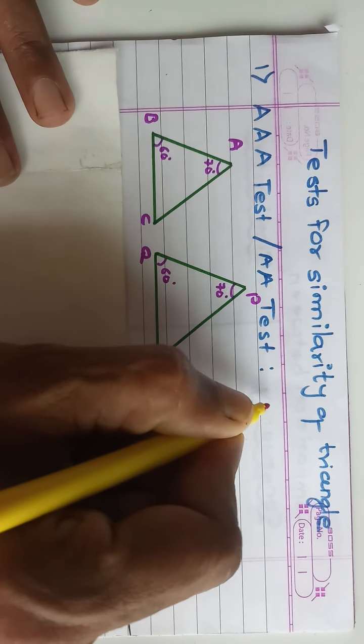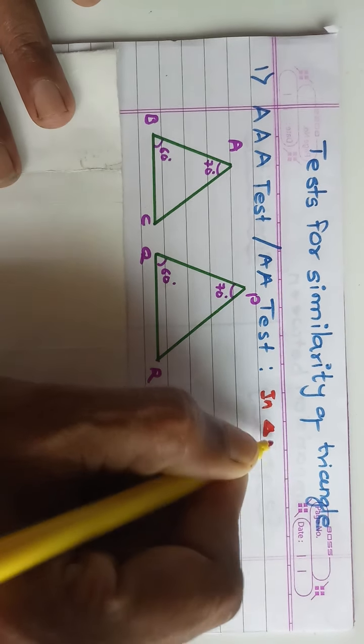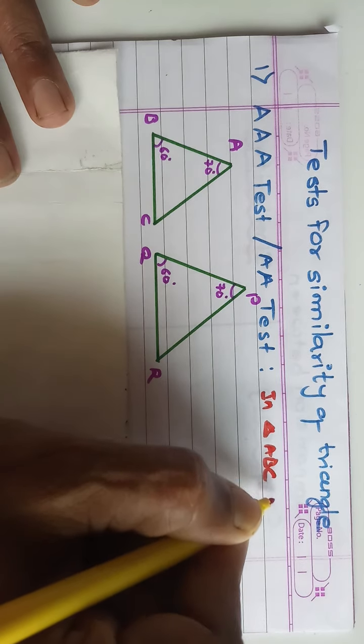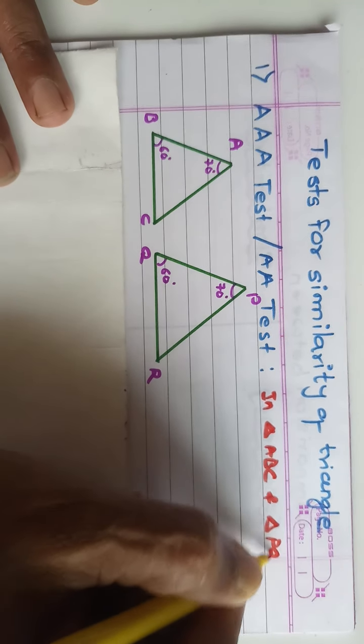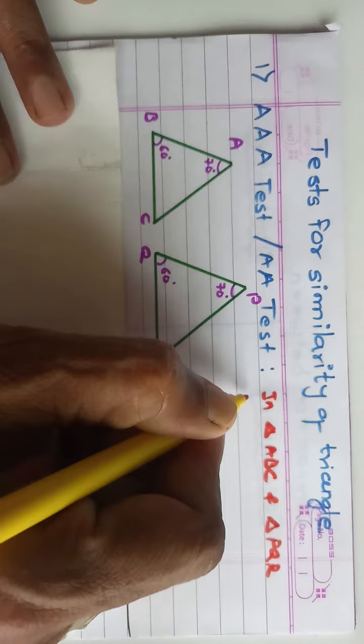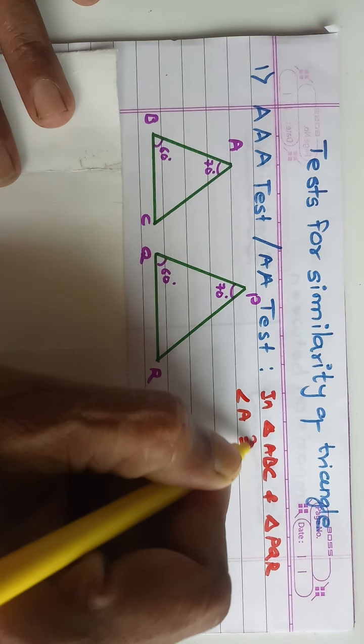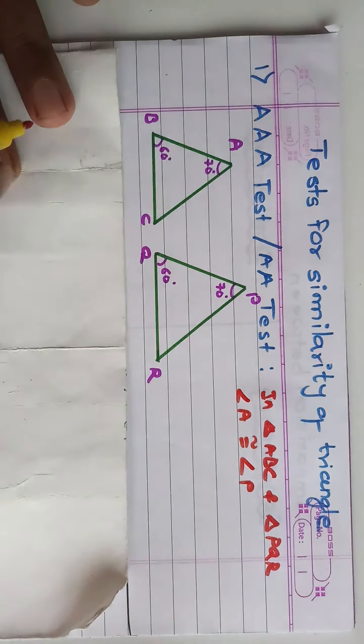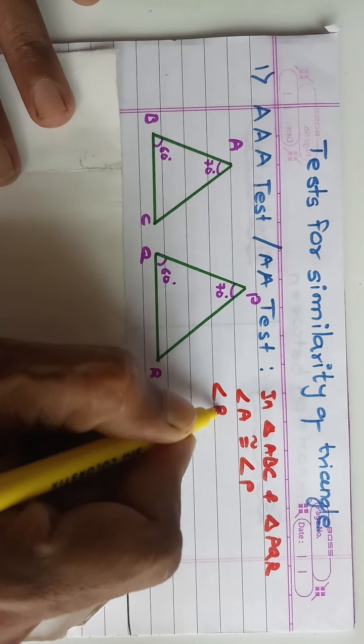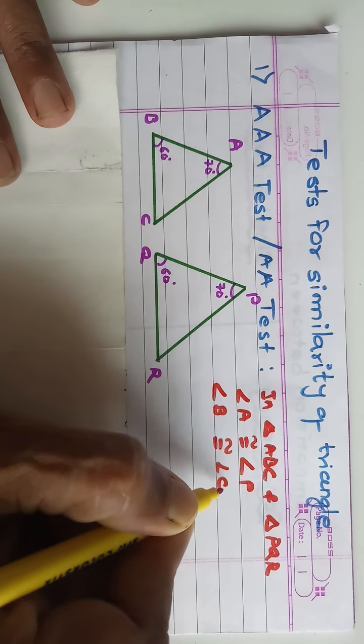So in triangle ABC and triangle PQR, angle A is congruent to angle P, angle B is congruent to angle Q.